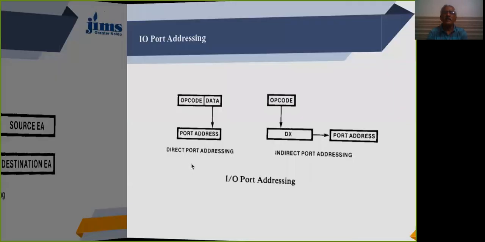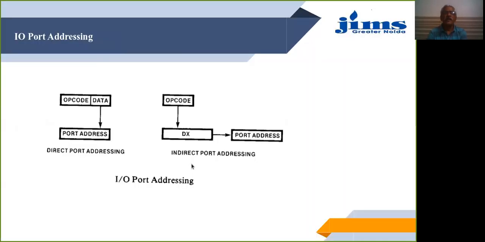And lastly, we have the IO port addressing. Again, this can be through the direct addressing or it can be through the indirect addressing. When talking about the direct addressing, the IO port address will be part of the instruction, so that the data item which is available in the accumulator can be transferred or read from that particular address.